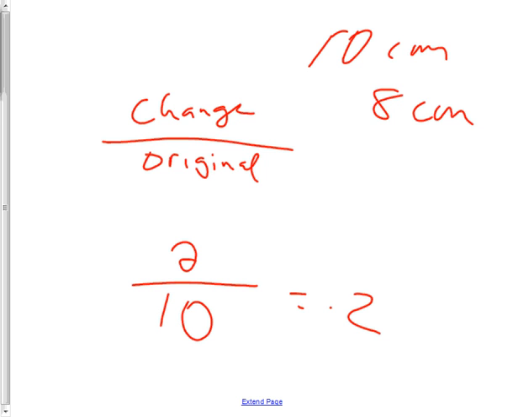So subtract, find the difference, the change. Take change divided by original. What percent shrinkage did we get on Mr. Squid? 48% shrinkage. Did anybody verify that? Because this formula doesn't need to be changed.